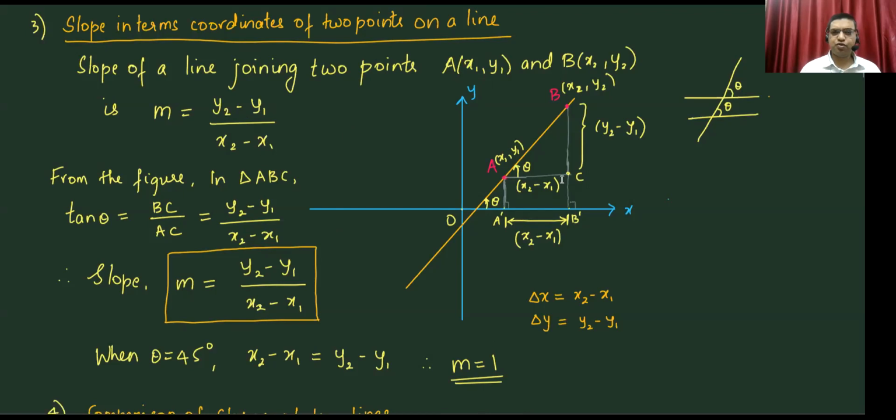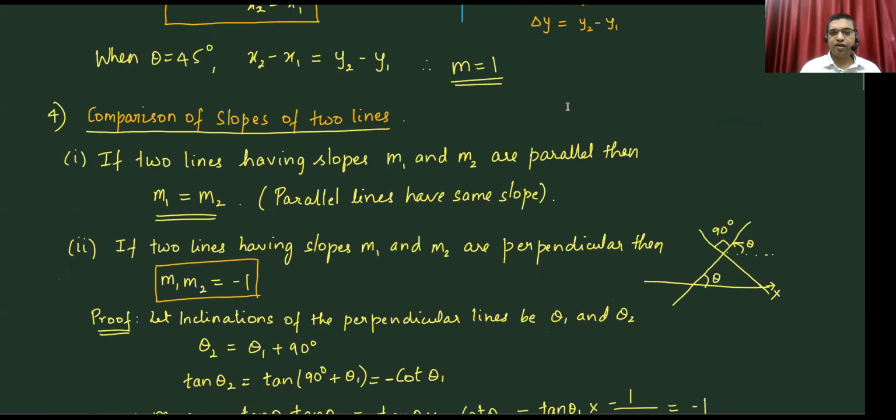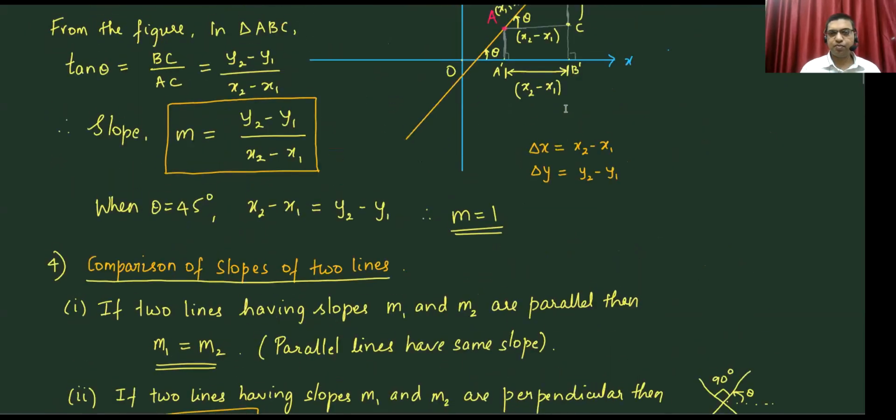And we discussed what slope means. Positive slope means when you move from left to right along the positive x-axis, if we are moving upwards along the line, then it is positive slope. If we are moving downwards, then it is negative slope.